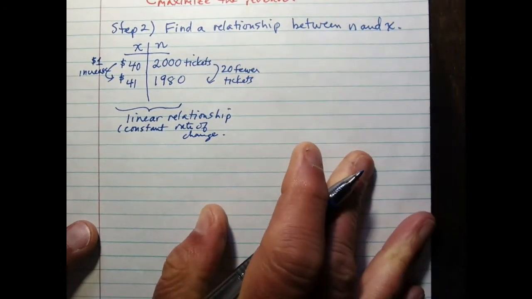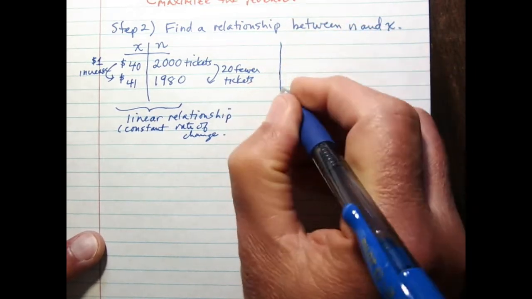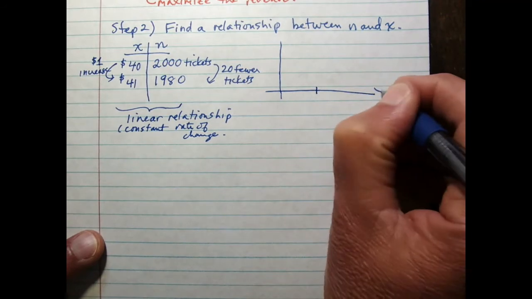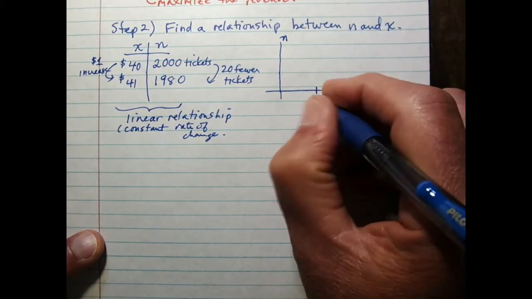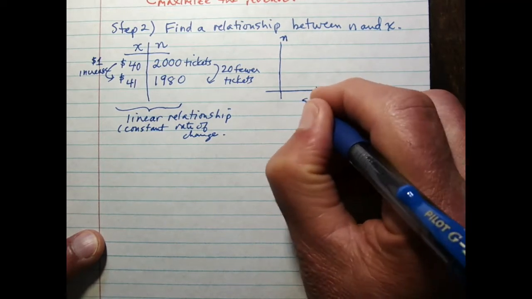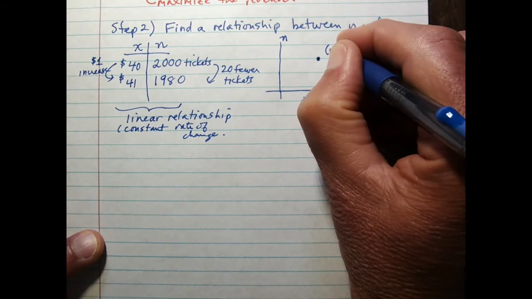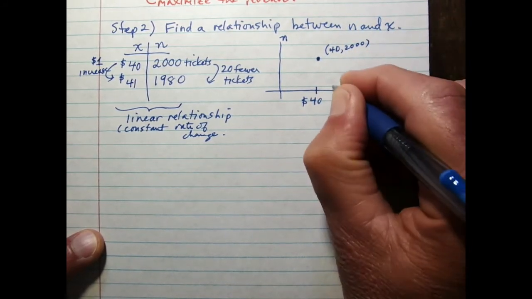And if there's a linear relationship between x and n, now I'm going to draw just a very rough sketch of a picture. Like we could have an x-axis and an n. n is kind of like y here. At $40, we sell 2,000 tickets.